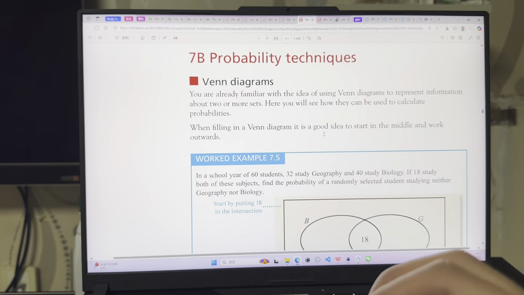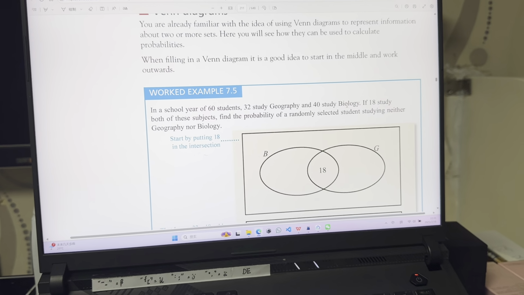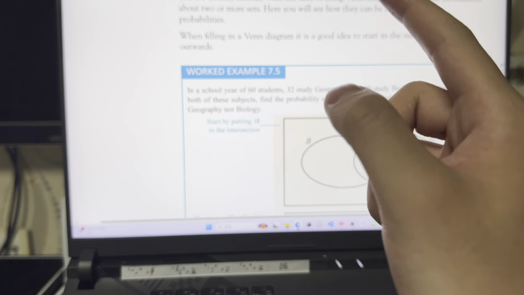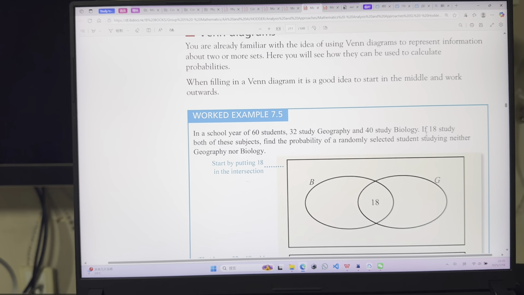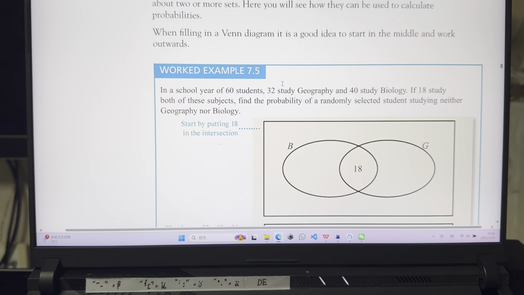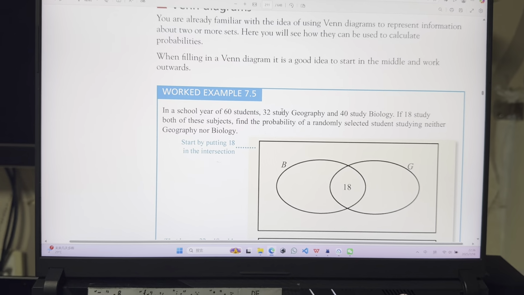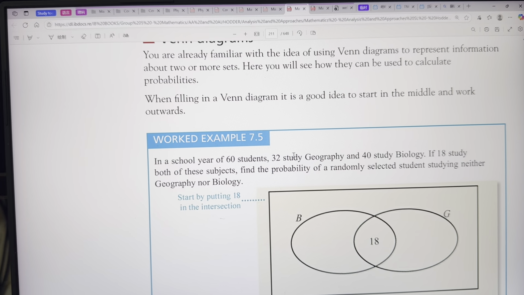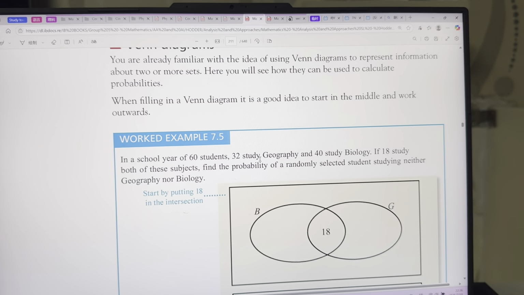For example, in a school year of 60 students, 32 study geography and 40 study biology, and 18 study both subjects. Here is a point that people always get wrong: if 32 students study geography, that is different from 32 students only studying geography.